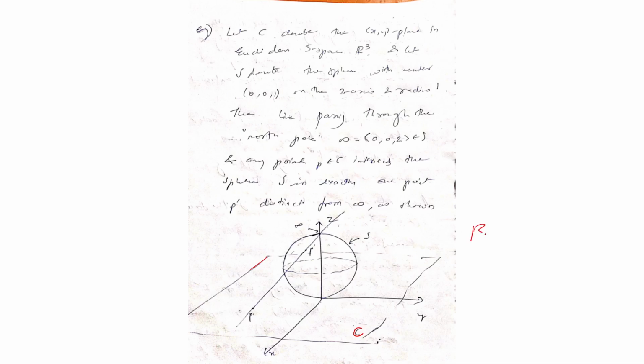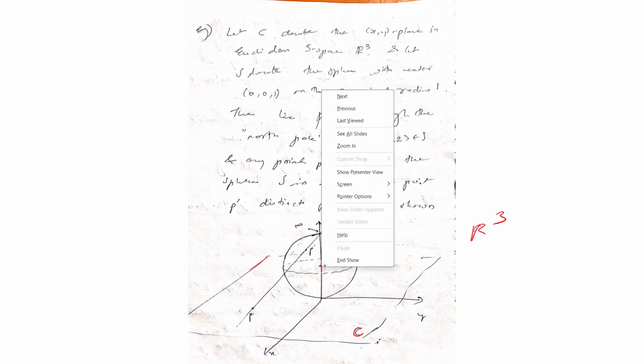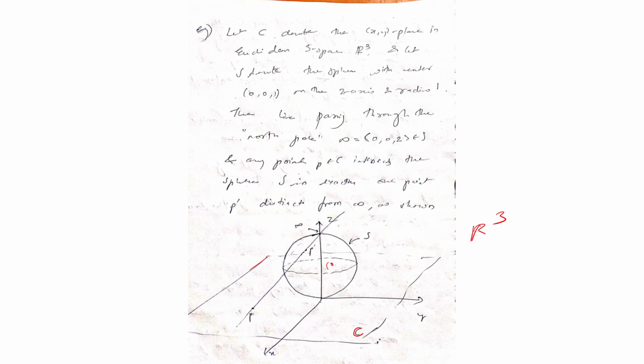So this is R3 space, and let us denote the sphere with center 0, 0, 1. So this is the sphere S. It is centered at 0, 0, 1, that is on the z axis, and it has radius 1.